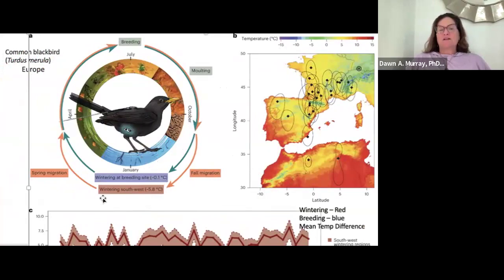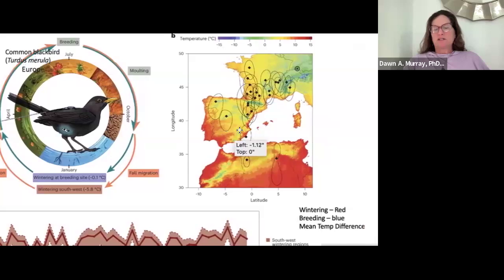And then there was also a Southwest population that they were wintering in. They started their spring migration like February, March, and then by April, they were kind of in a warmer area. In July, they were breeding, then they were molting in the fall, and then they made their fall migration back to their wintering breeding site.